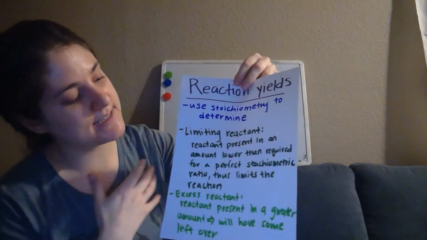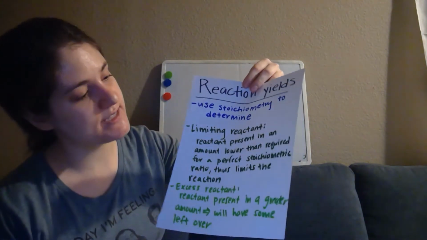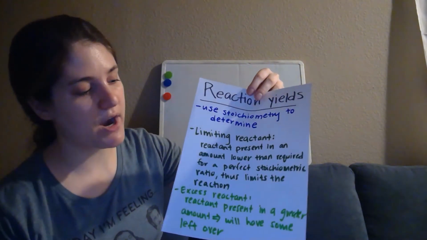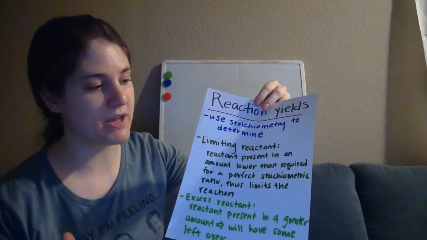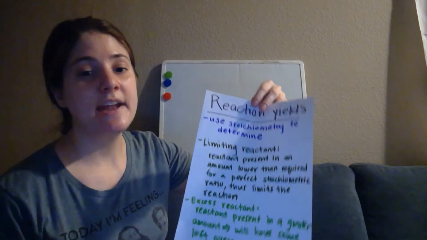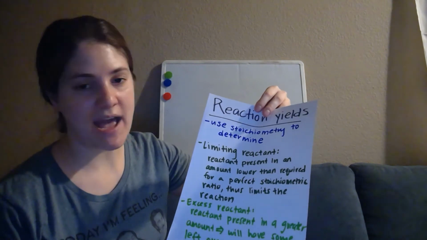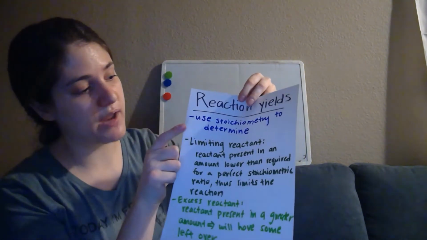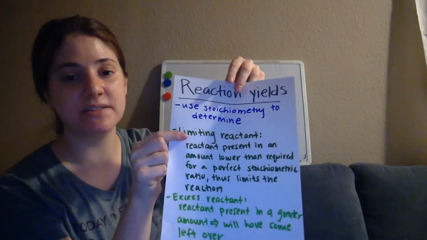So the limiting reactant is the reactant or reagent that is present in an amount lower than is required for a perfect stoichiometric ratio. So since there's less of it, it's going to limit the amount of the reaction that can take place. The reaction will go until the limiting reactant completely runs out, and then it will stop.